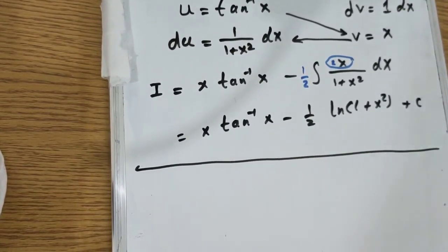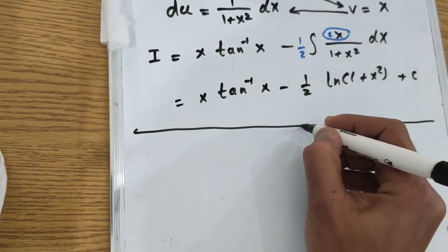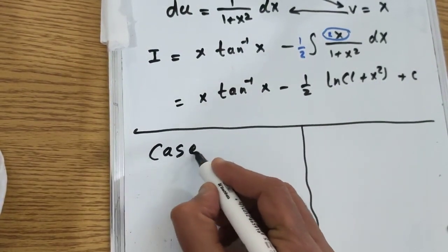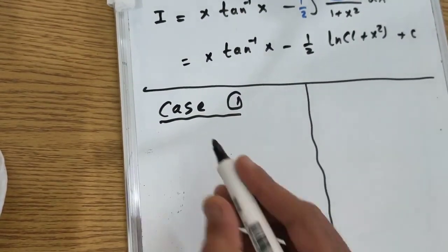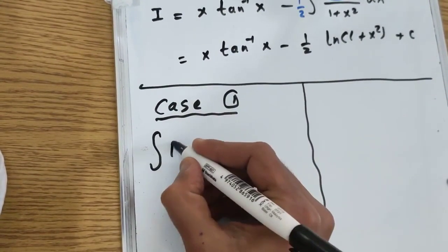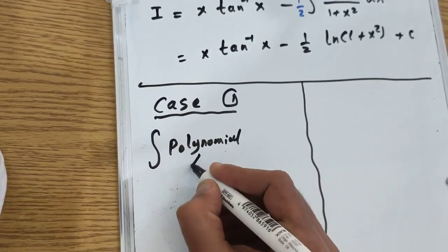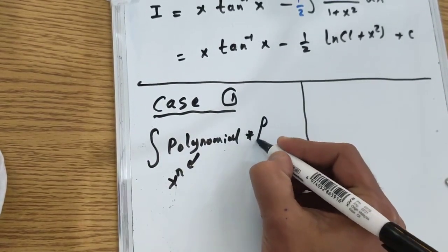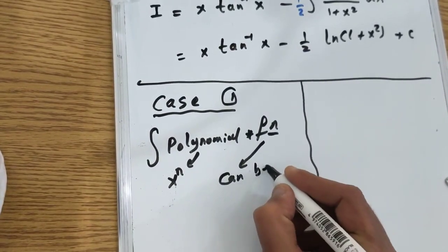Now, if I need to sum up the cases we see here to use integration by parts, until now we see two cases. Case number 1, if we have an integration of a certain polynomial, x to an integer power, times a certain function that can be integrated.